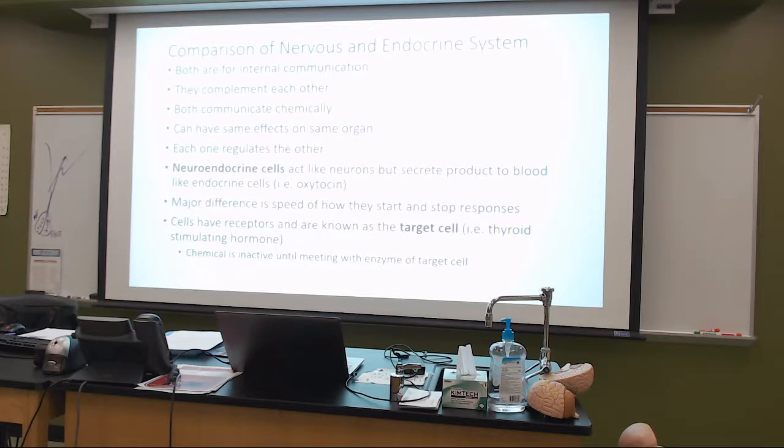Now, it becomes an issue once these chemicals get released in the blood, they have to make their way through the bloodstream to their target cells, which will be the cells of those organs that we listed as the endocrine system.